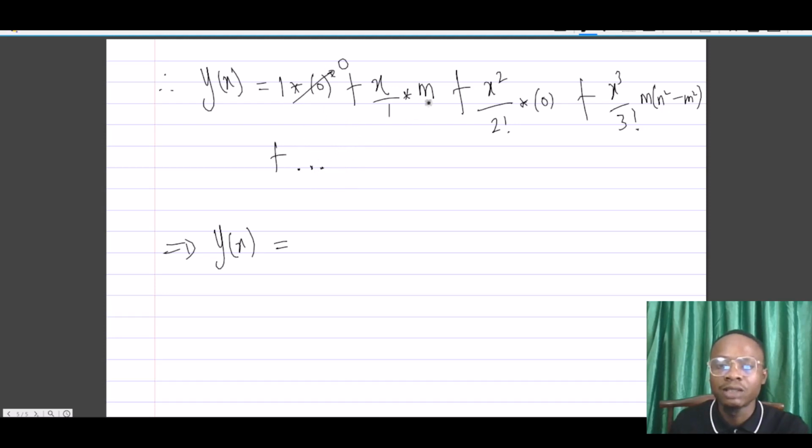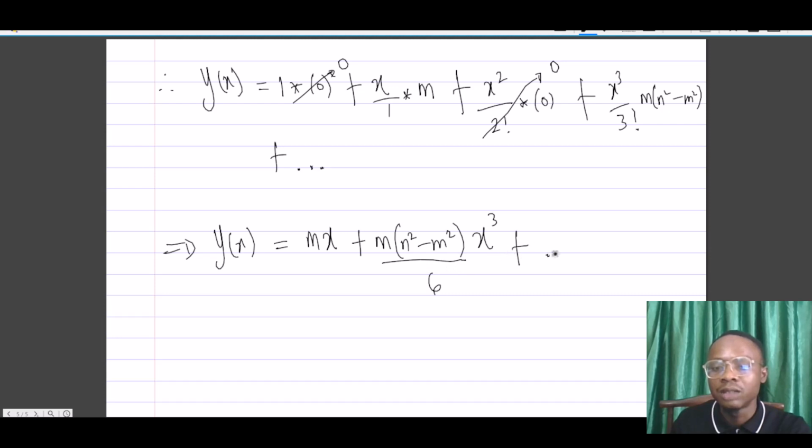So forget about that. What we have here is xm, so we can write it as mx. Then this is 0 also, so you can forget about it. What we have left will be plus m into n squared minus m squared, into x raised to power 3 over 3 factorial, which is 6, plus the terms will proceed like that.